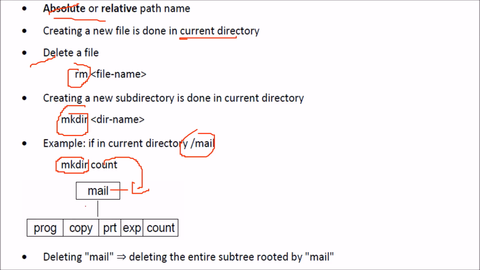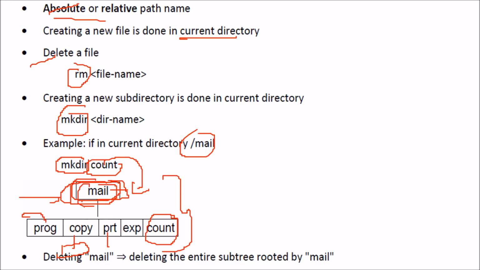When you come here at this point, you can make a directory count inside this mail. When you want to delete this mail, if you want to delete this node, you are deleting the entire subtree, which means you can have a tree for copy also, for print also. So you are just deleting the entire subtree rooted by this mail.